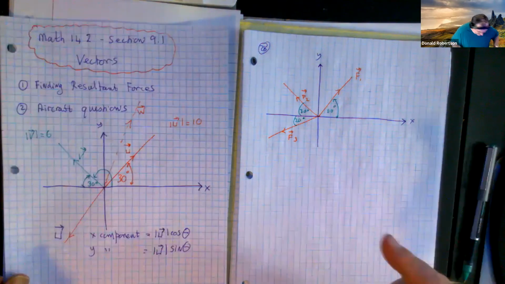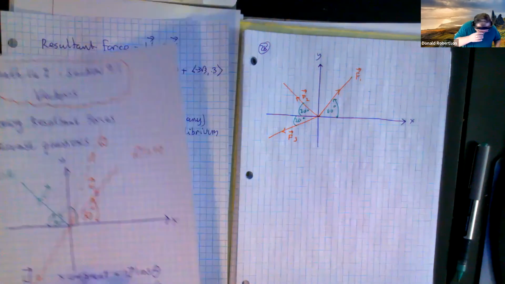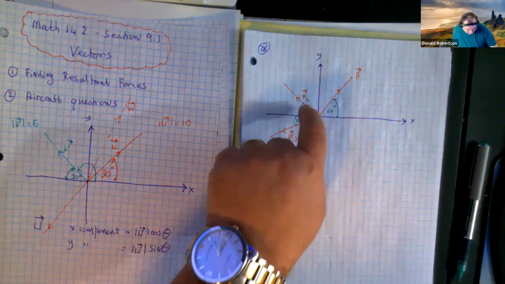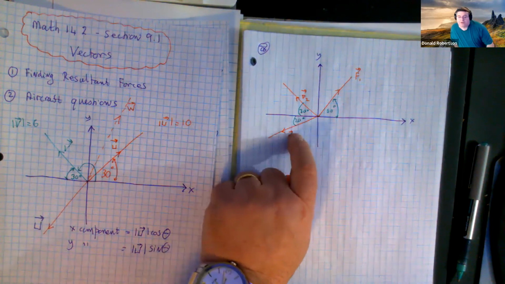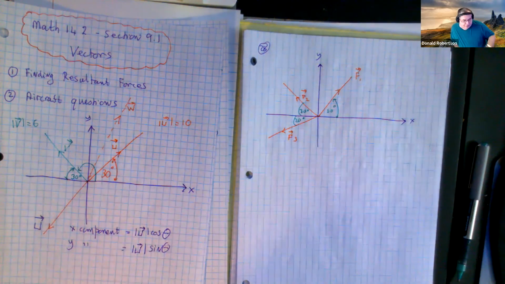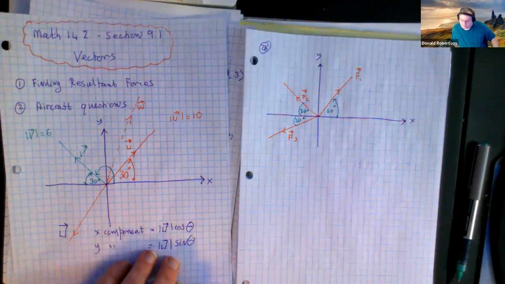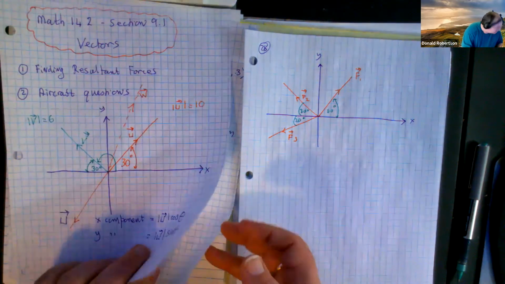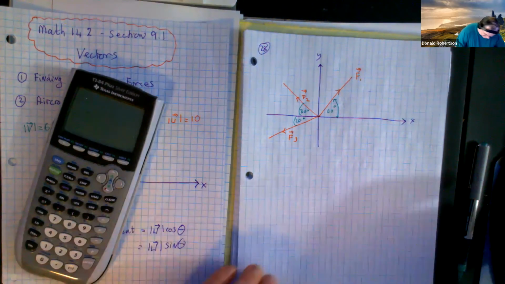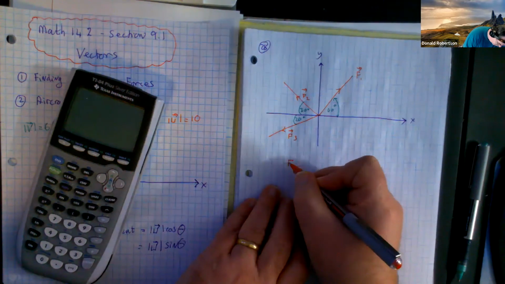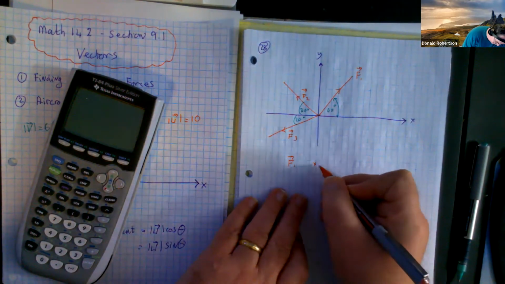Now, they already tell me in the question that they want the resultant force as a decimal. And even if they never told me that, I know my answer is going to be a decimal, because would you agree that 20 degrees does not fit in a unit circle? So I'm going to do everything to 3 decimal places. Okay, so first thing I'm going to do is find out what F1 is, its X component.